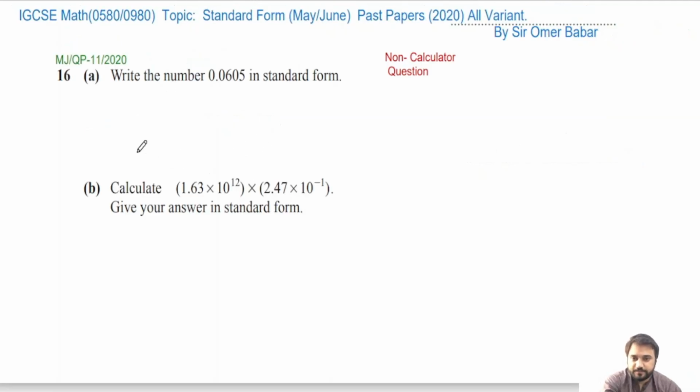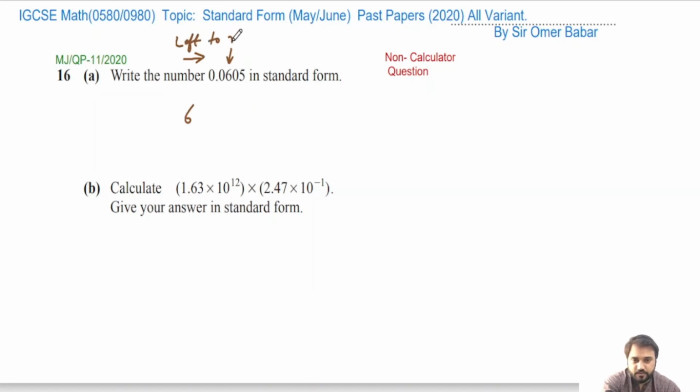Now the next question is question 16 that appeared in 2020. The question paper was 1 and the variant was also 1. It says write the number 0.0605 in standard form. Again, I'm going to write 6 because this is our first non-zero digit. We always read a number from left to right.